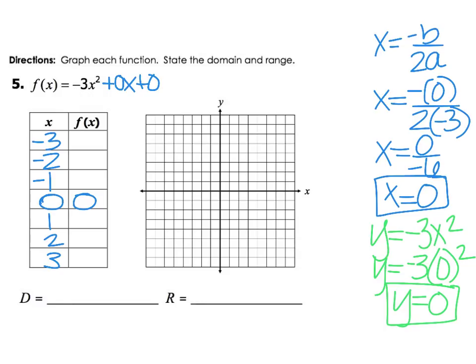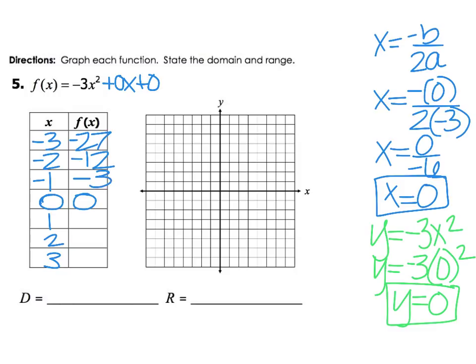And if we plug in negative 2 for x, negative 2 squared gives us positive 4. Positive 4 times negative 3 gives us negative 12. Plug in negative 1. Negative 1 squared gives us positive 1 times negative 3 gives us negative 3.